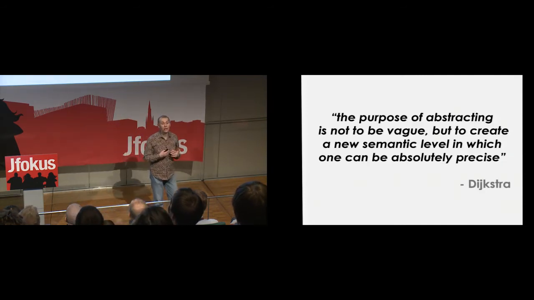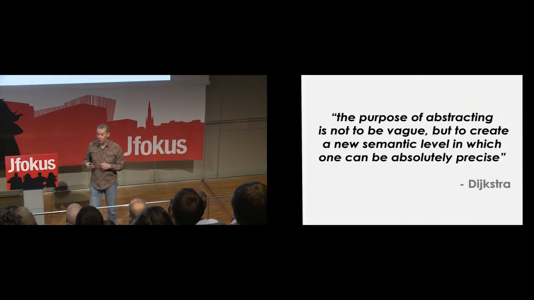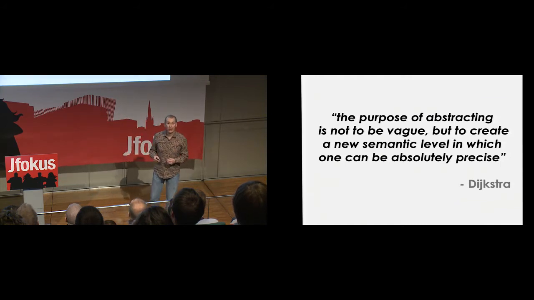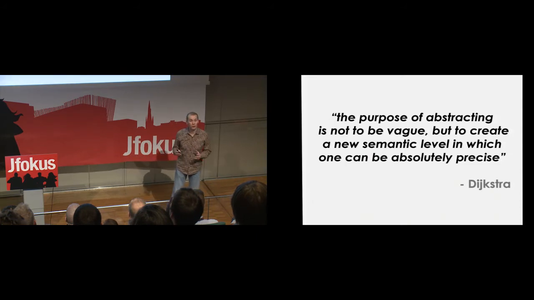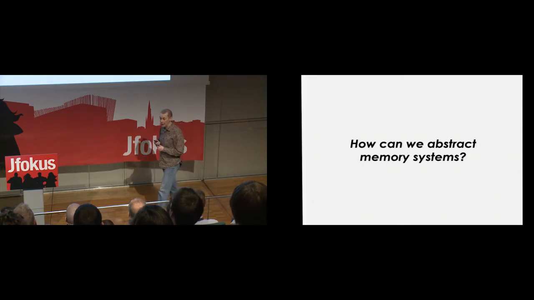When he gave his Turing Award speech, he made this statement in the middle of it, and I think this is really what abstraction should be about. The purpose of abstracting is not to be vague, but to create a new semantic level in which we can be absolutely precise. How often do we see abstractions that make what's underneath vague? That's where it's the wrong way around. We've got to be thinking that sort of way.